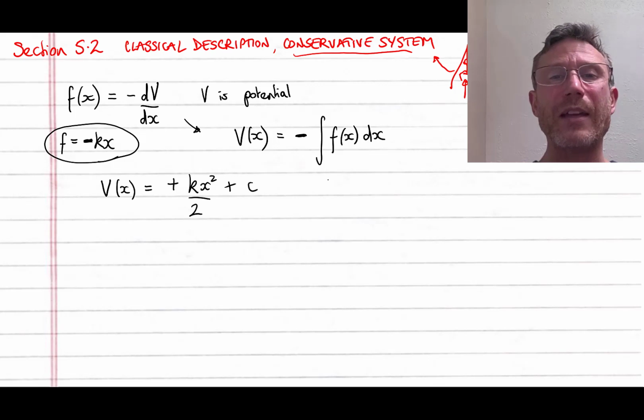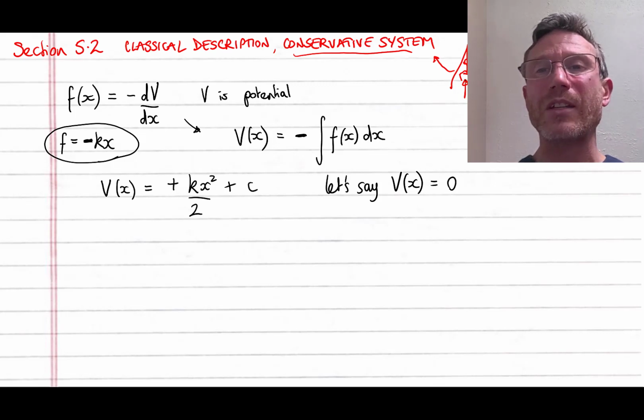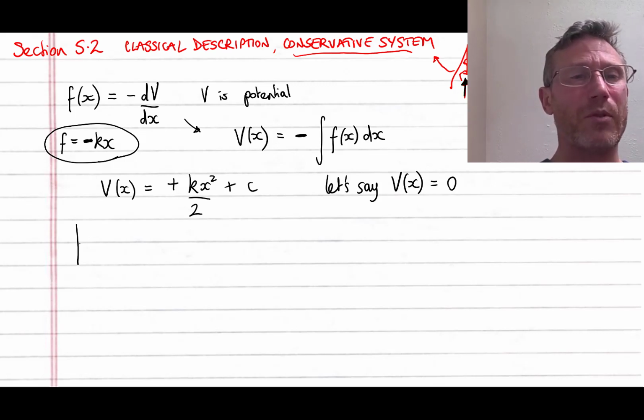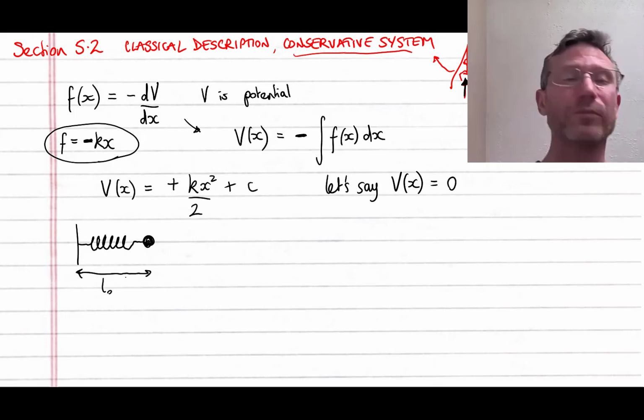So we're going to also say that V of x, by the way, is equal to 0 at the equilibrium position. So here's that equilibrium position. It's also the same as, here's our ball on the spring. There's our ball on the spring, and there is this equilibrium position. So we're at L0 in here.